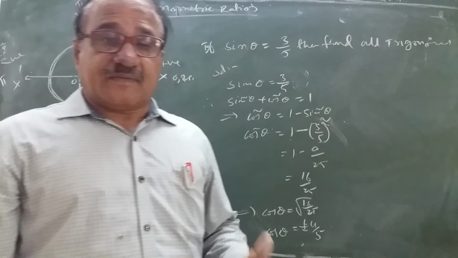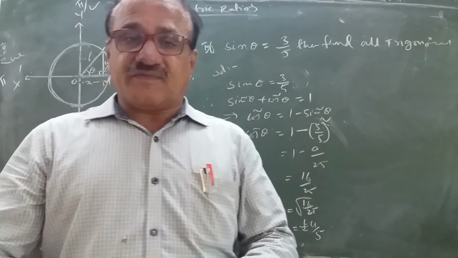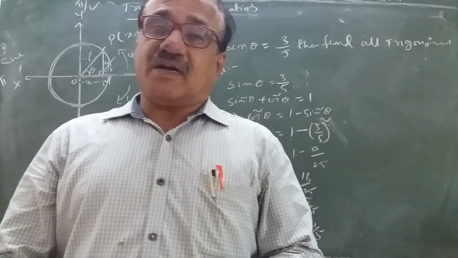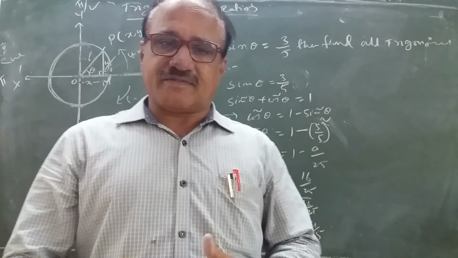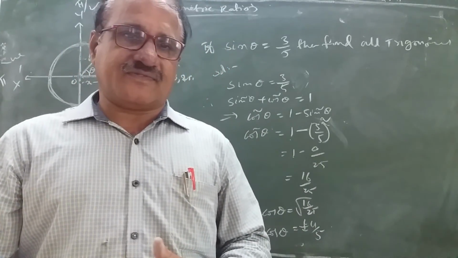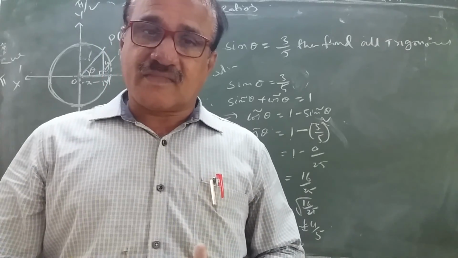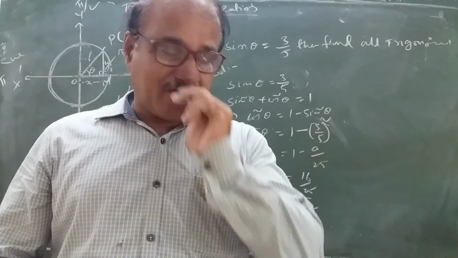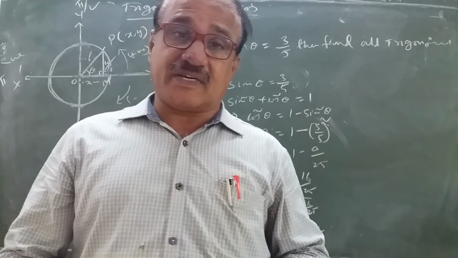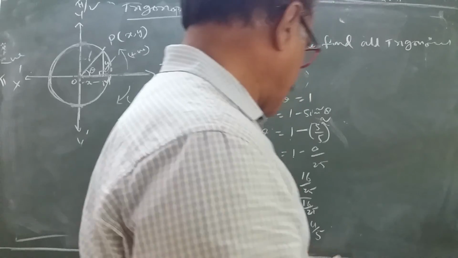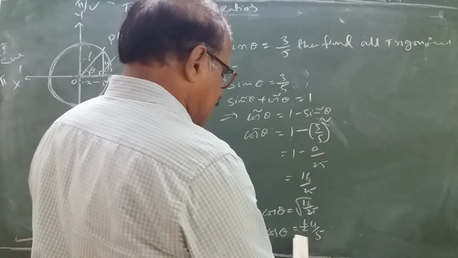Here we have to discriminate plus or minus in further classes. Since theta belongs to the first quadrant, all are positive. If theta lies in the second quadrant, cos is negative. Similarly for the third and fourth quadrants; in the fourth quadrant cos is positive. That we will discuss next class. For now, take only positives.